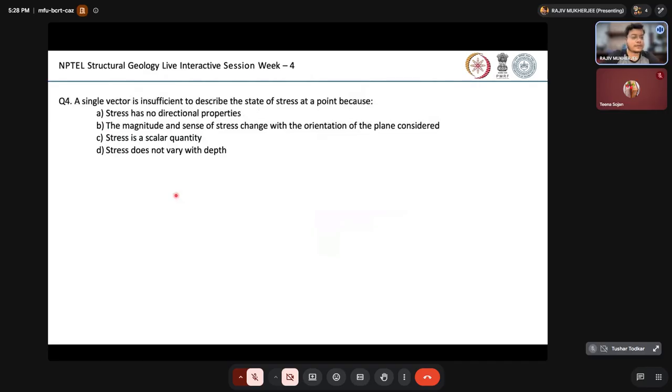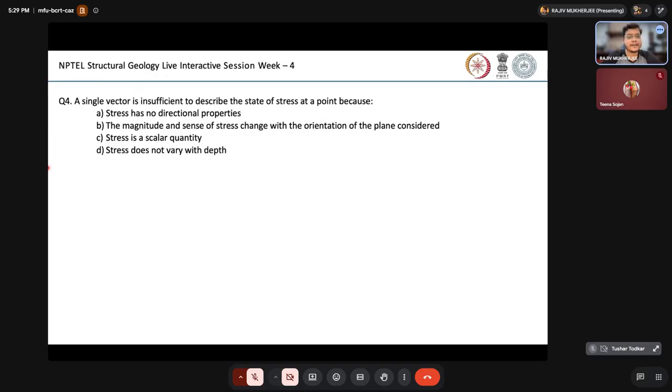So coming to the fourth question. A single vector is insufficient to describe the state of stress at a point because: A, stress has no directional properties. B, the magnitude and sense of stress change with the orientation of the plane considered. Option C, stress is a scalar quantity.